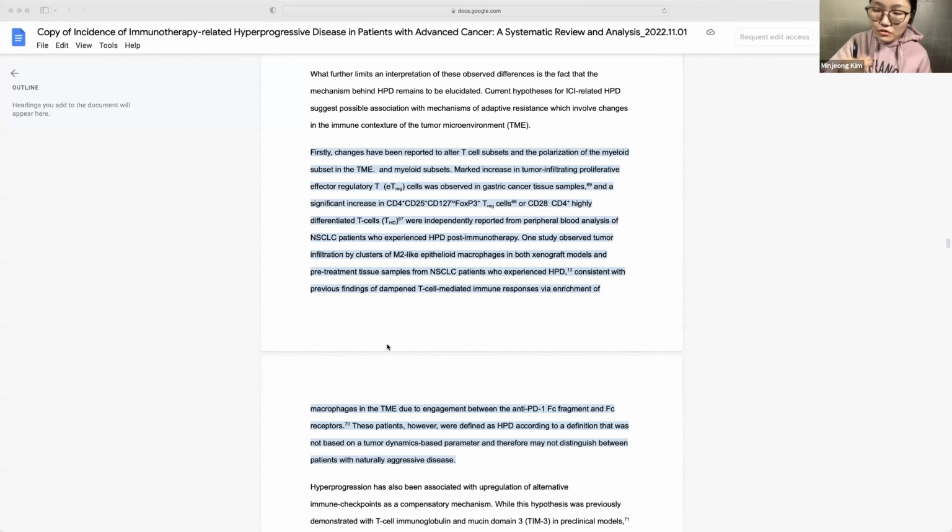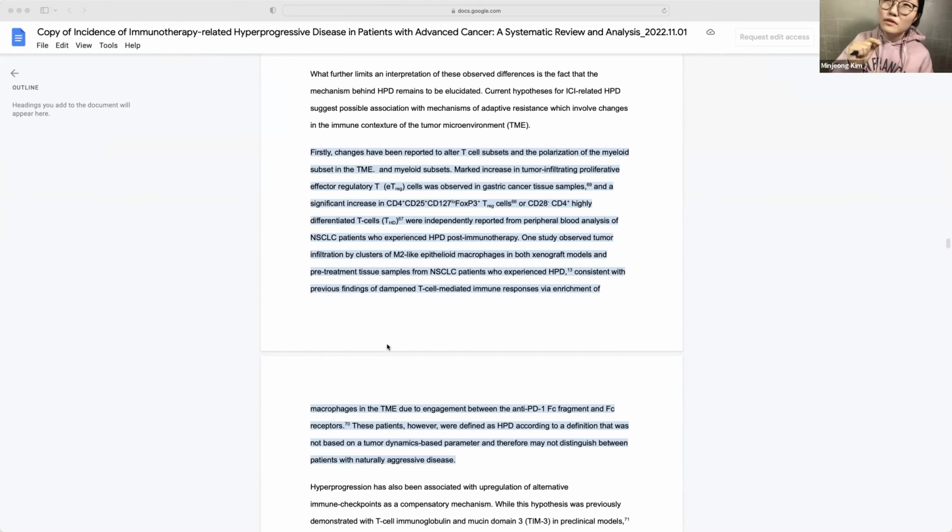That's why they started introducing the tumor growth kinetics parameters. But prior to those definitions, the definition of HPD that was commonly used was based on a composite criteria. And the criteria for tumor size in particular was just a 50% growth from before.